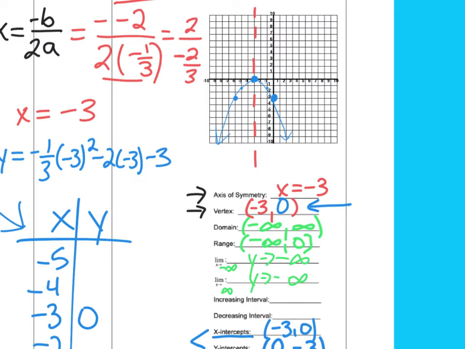And now we just have our increasing and decreasing intervals. So here is Aaliyah. Everybody say hi, Aaliyah. Okay, she's running. What's that going to be?